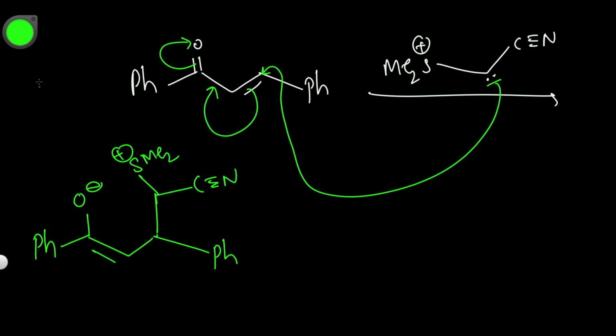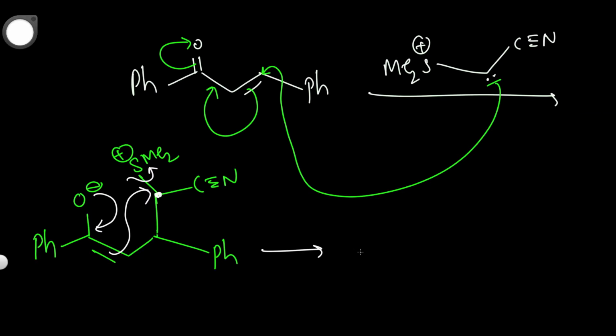And now what will happen? See, when the O minus charge comes back, this double bond will attack this carbon center, and this SMe2 will leave, and now you will get a cyclopropane.